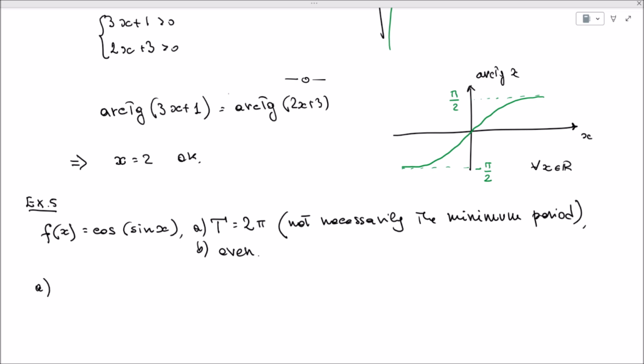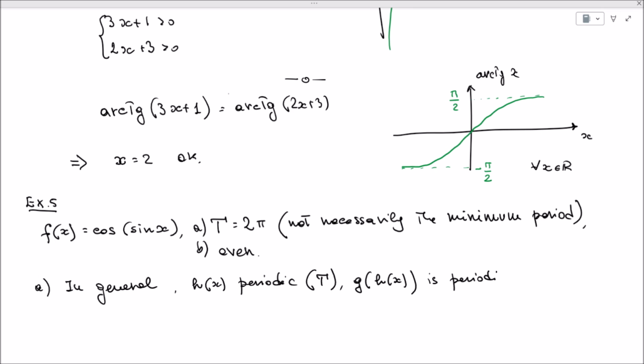Well, the thing is this, that in general, if we consider a function h of x periodic with the period T, any compound function g of h of x is periodic with period T as well, even if this is not necessarily the minimum period.